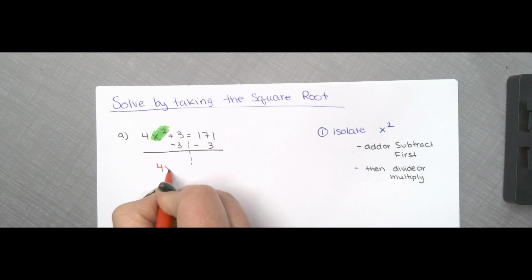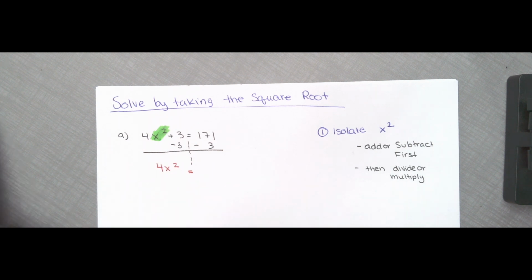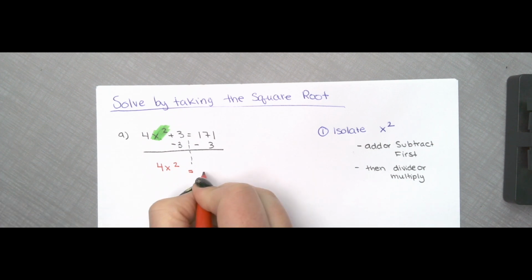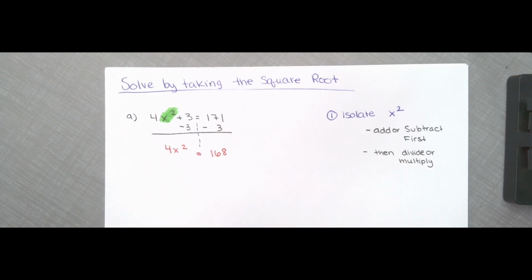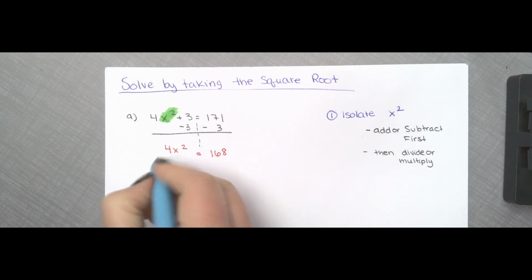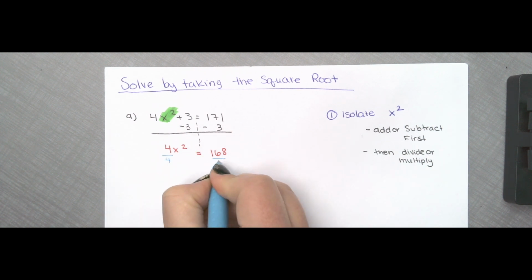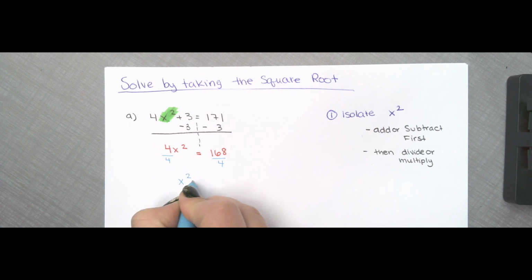We have 4x squared is equal to 171 minus 3. And that is 168. Then we're going to divide or multiply. So in this case, we need to divide. And hopefully this gives us a pretty number. And it does. It gives us 42.